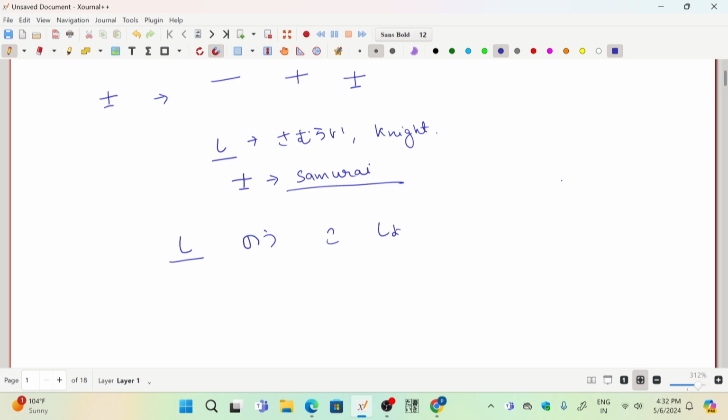Shi was the samurai, the warrior class, where No was the farmers, Ko were the artisans, and Sho were the businessmen. So Japanese society was divided into 4 classes, and the topmost class was the samurai class. The warrior class was on the top of it.